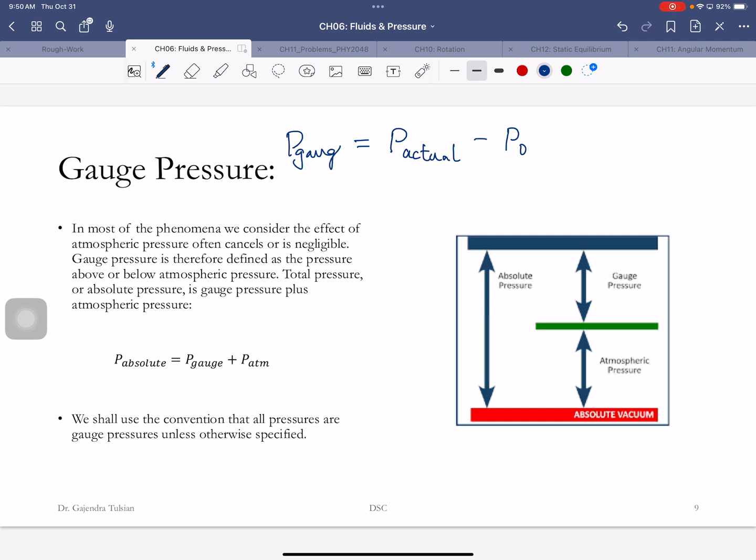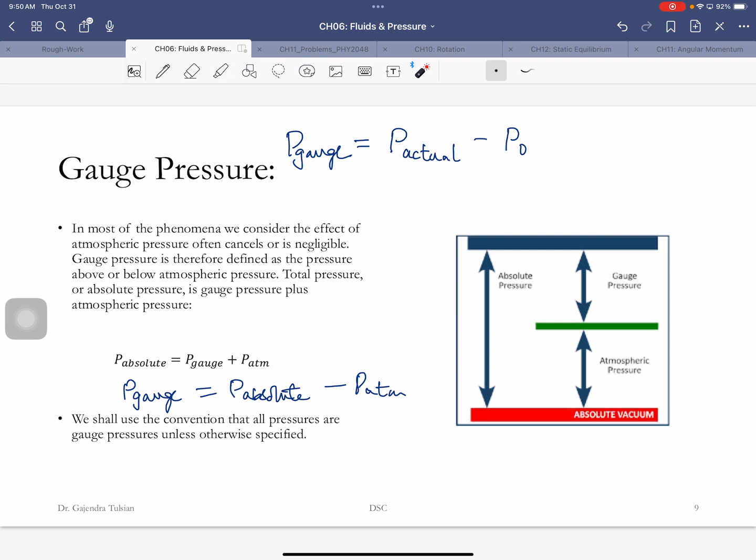So the gauge pressure is absolute pressure, or actual pressure, minus atmospheric pressure.